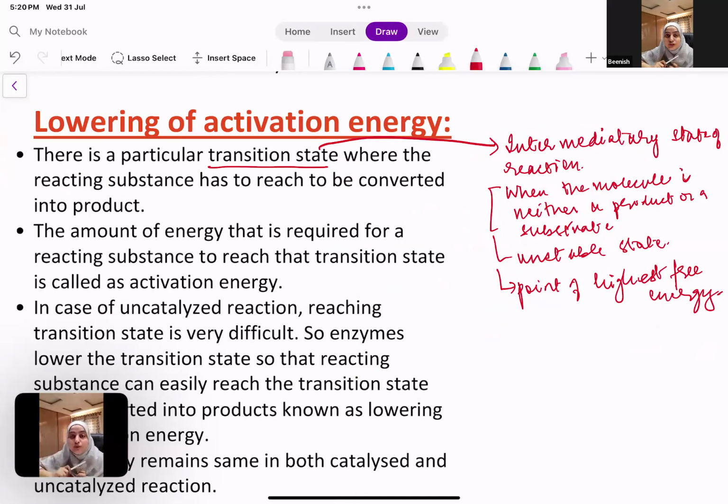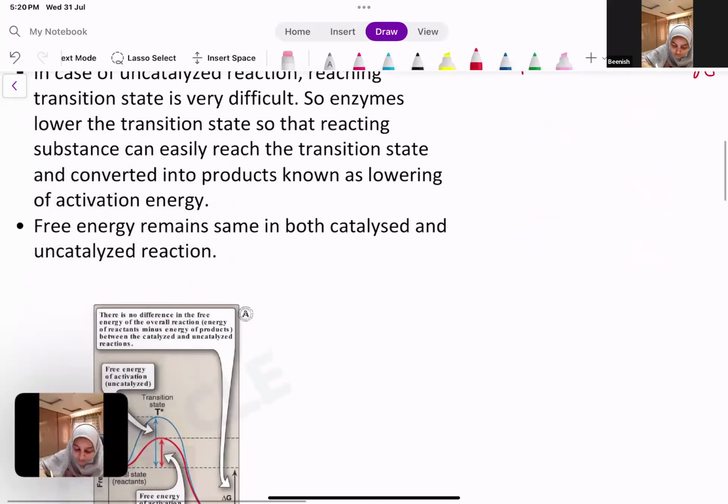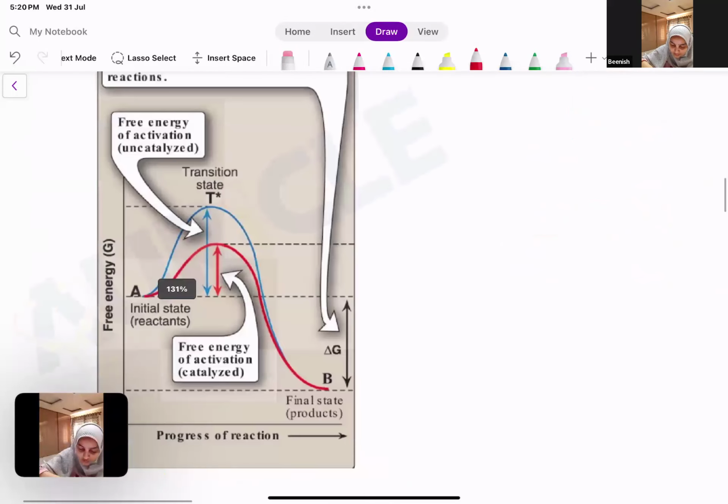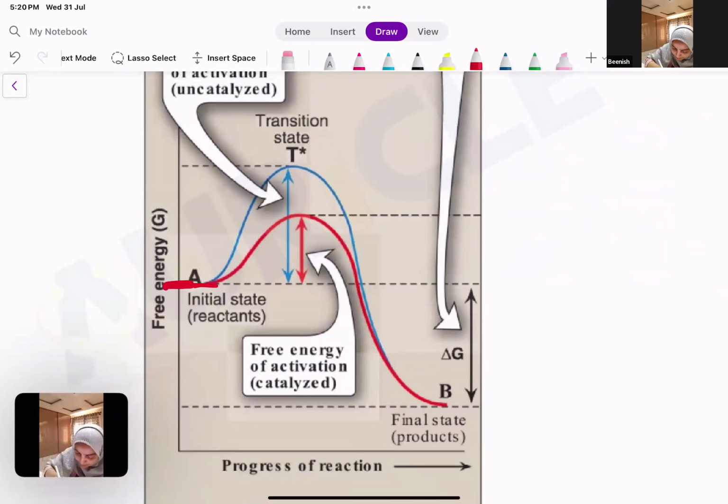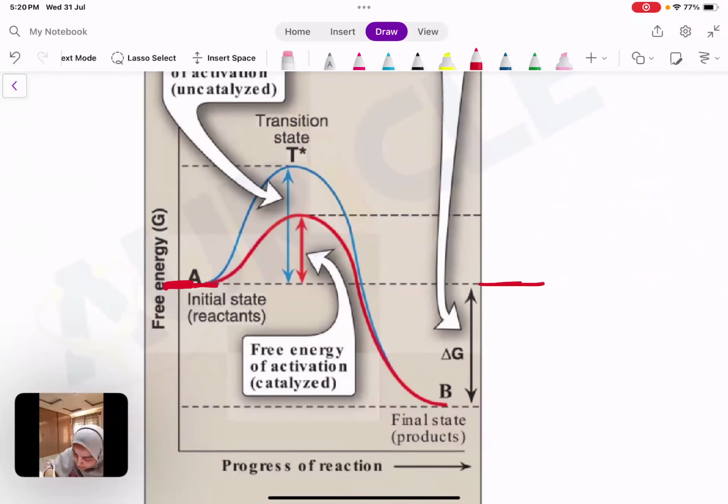Now, the amount of energy that is required for the reacting substance, that is your substrate, to reach that transition state, that is called the activation energy. As you can see here in this diagram, this is the initial state of the reactants. This is the free energy of the reactants, and this is the transition state.